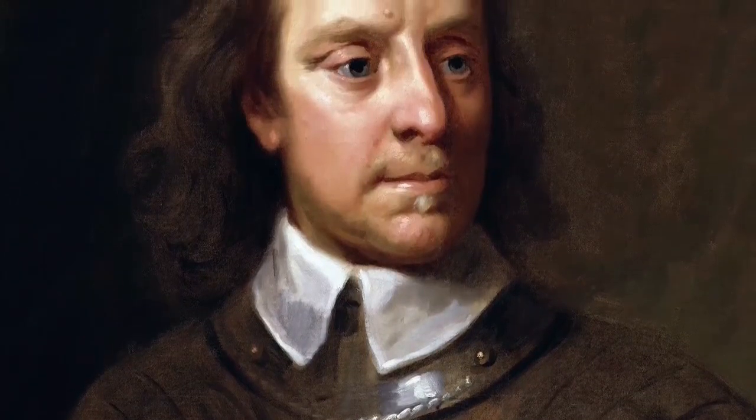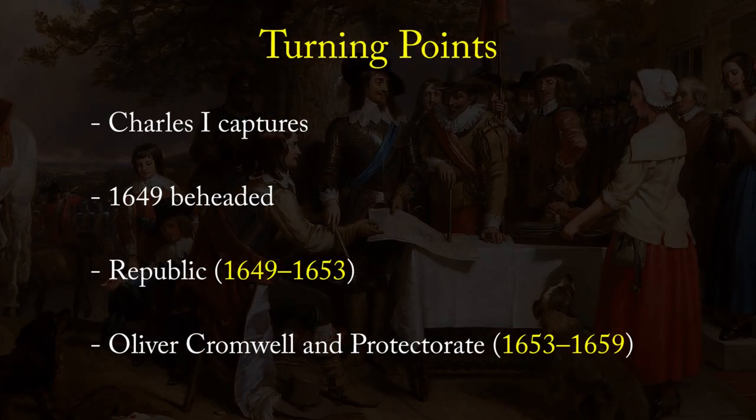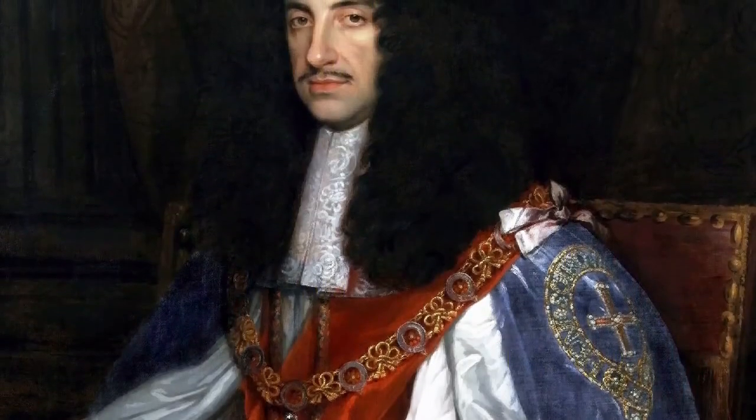So the politics are very pregnant, you might say. Parliament has asserted itself, it has won, and it has cut the king's head off. And not only that, but they have sent Charles I's son, the man who would be Charles II, off into exile.